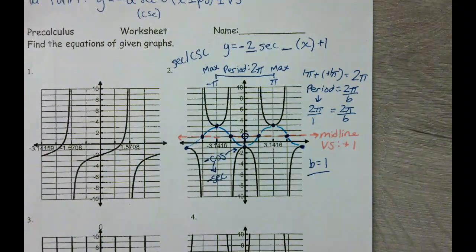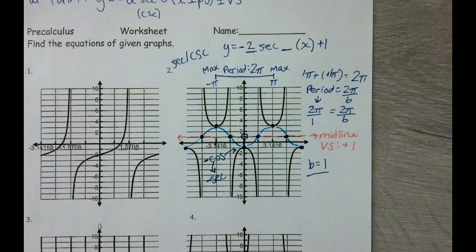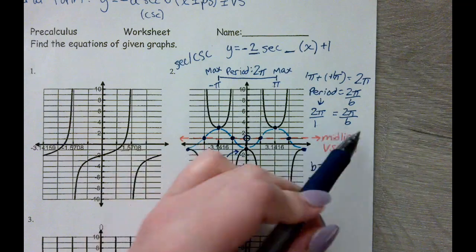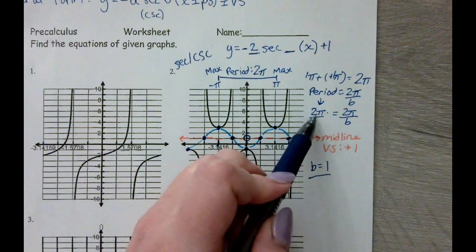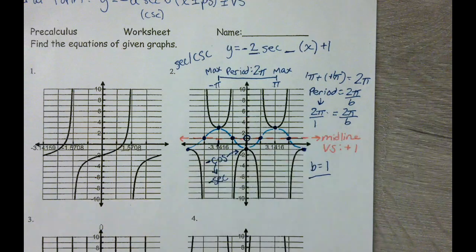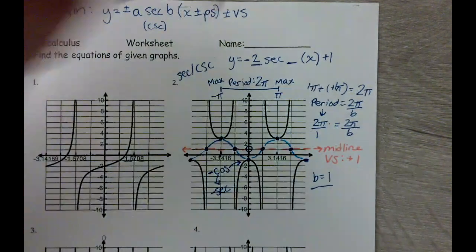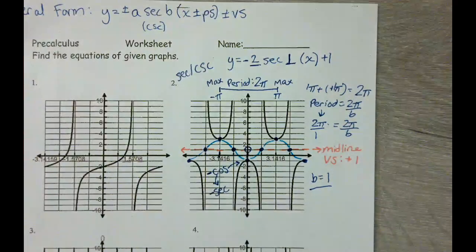I'll actually pause and not do the cross multiplying. If you cross multiply, you'll have B over here and then just 2 pi. You would divide off the 2 pi on both sides. They'd cancel out completely. B would just be 1. Okay, B is 1. All right, that's my first equation.